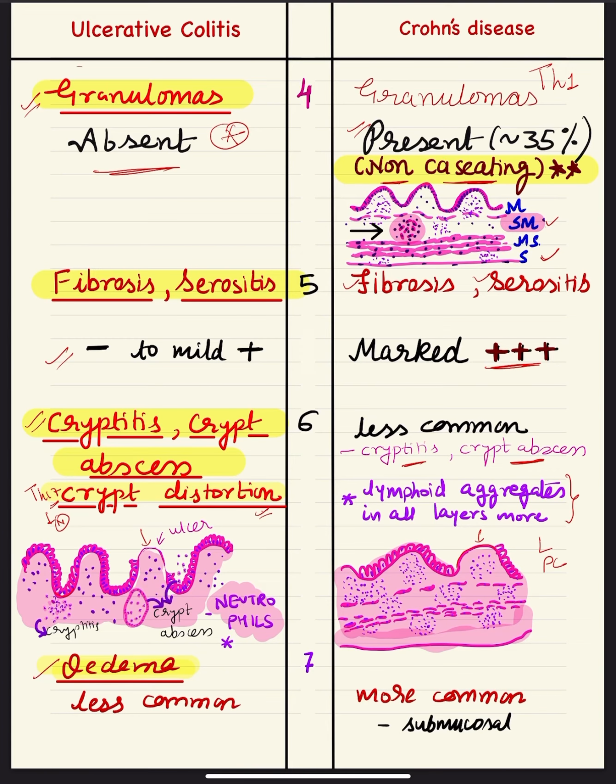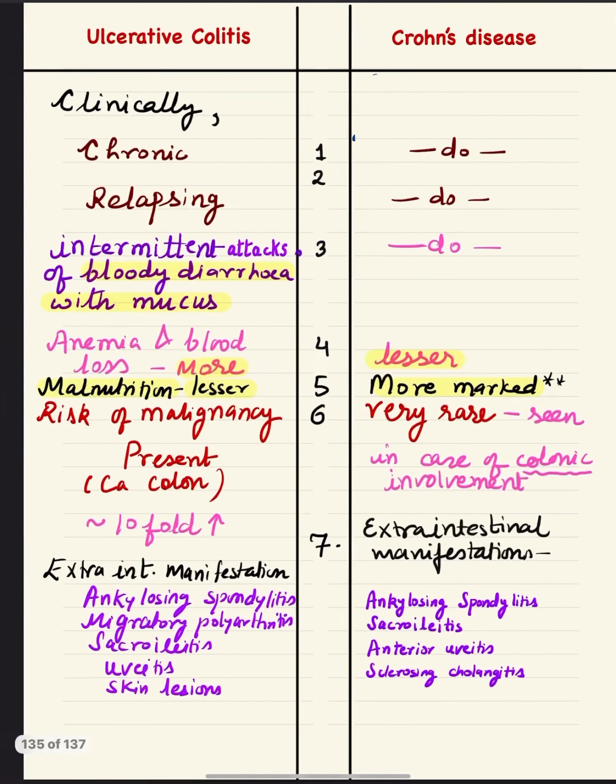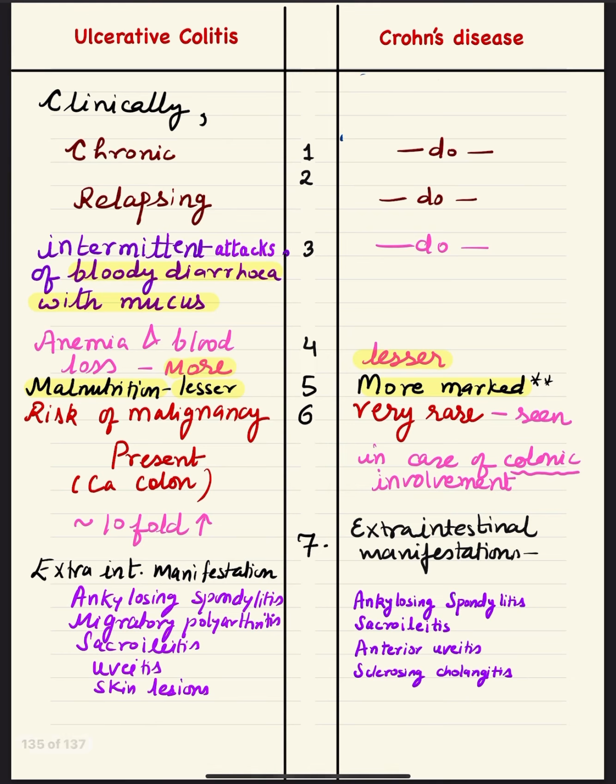Next, edema. I have told you that edema caused the cobblestone appearance in gross, which was seen in Crohn's disease. So here also the edema is more commonly seen in Crohn's disease on microscopy, while less common in ulcerative colitis.